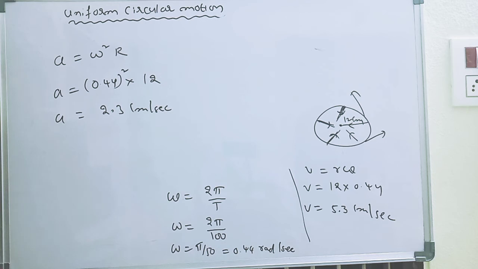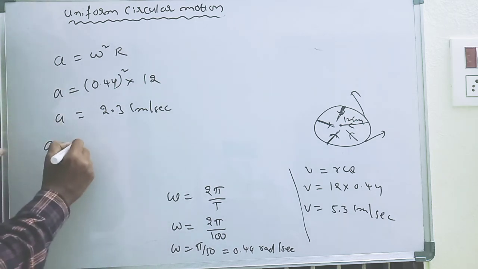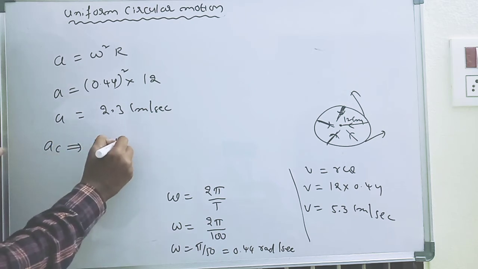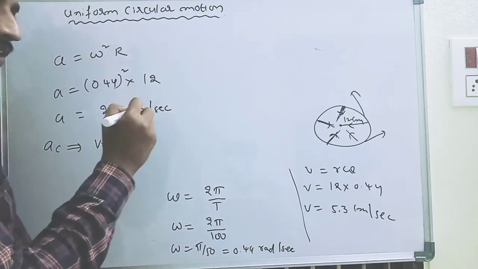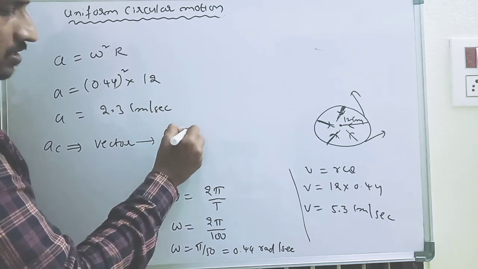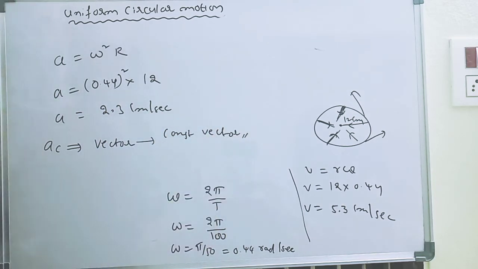Okay, 2.3 centimeter per second square. So now the actual question is: this acceleration, nothing but centripetal acceleration, is a vector. Is it a constant vector or not? He is asking that.